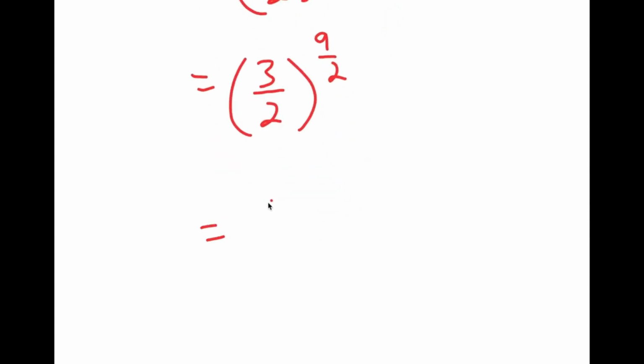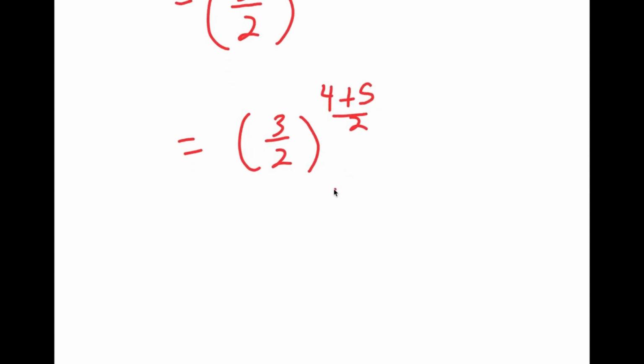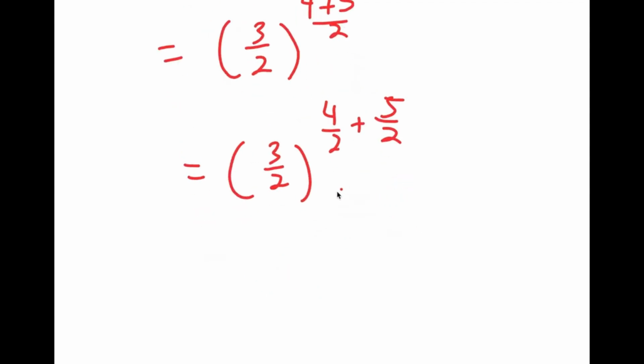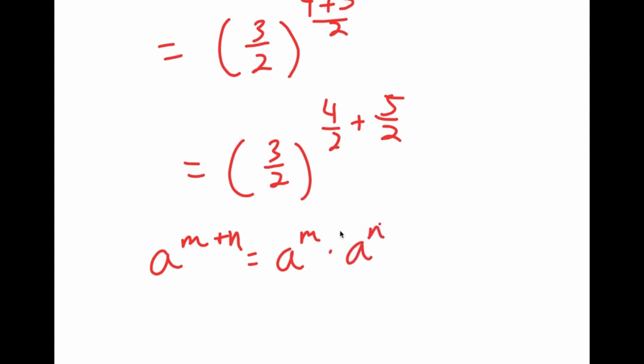Now 9/2 is the same thing as 4 plus 5 over 2, and this is equal to 4/2 plus 5/2. If I have something in the form a to the power of m plus n, this is equal to a to the power of m times a to the power of n.